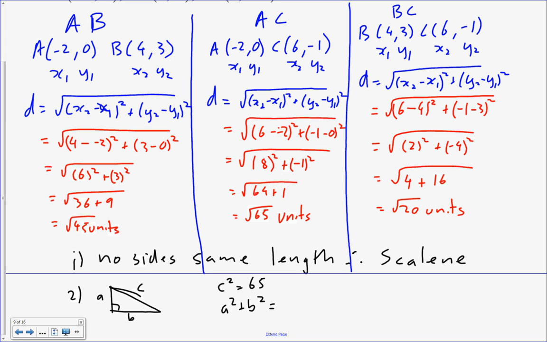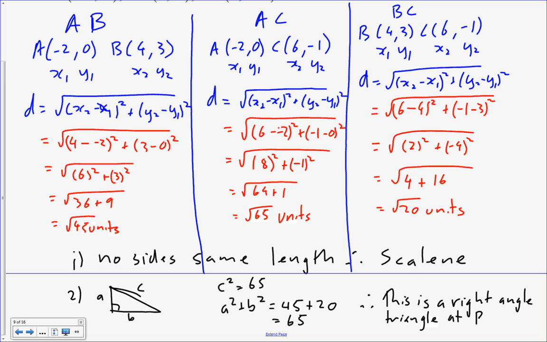So that's going to be 45 plus 20, which happens to be 65. So we can say, therefore, this is a right angle triangle. And the right angle is going to be at the point B. So this is the right angle at point B.